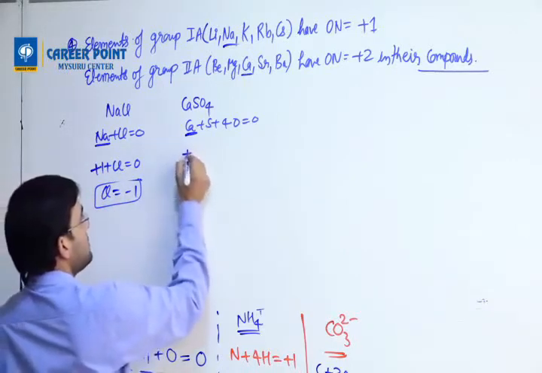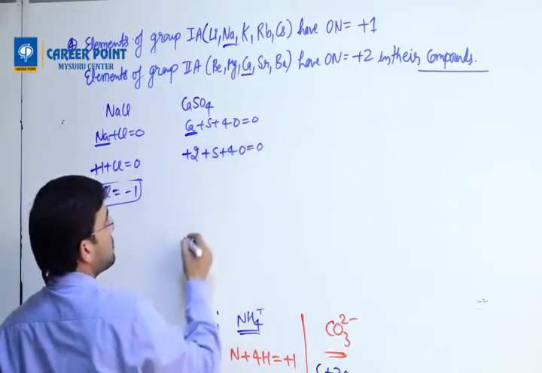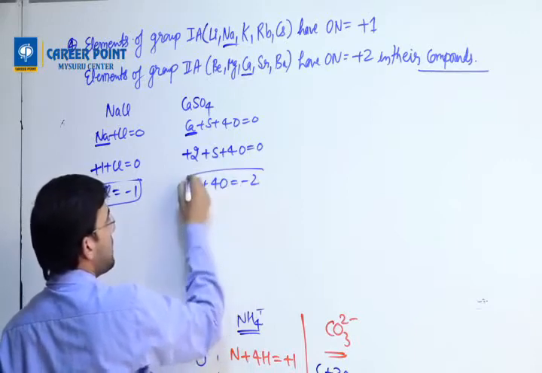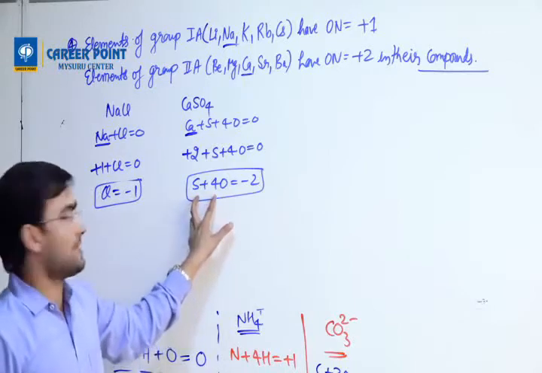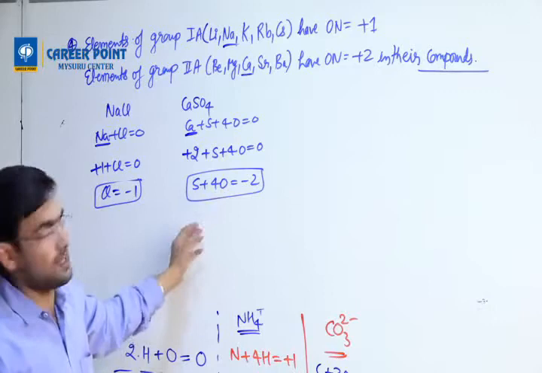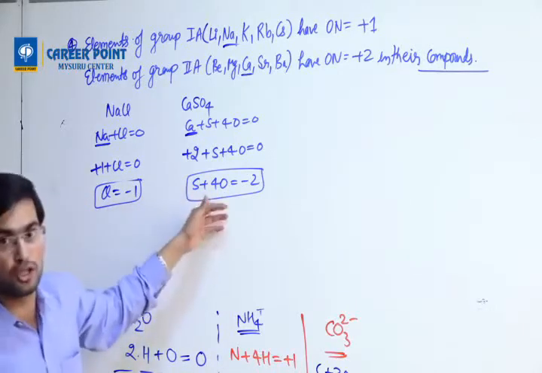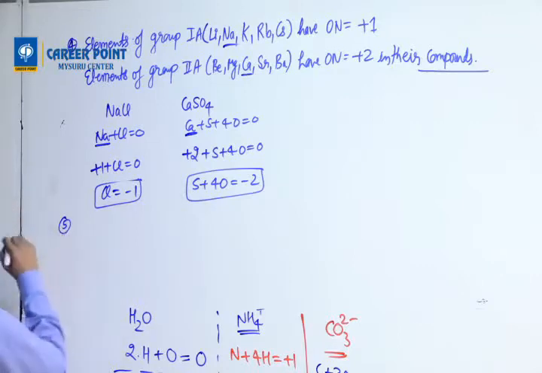Here Ca is +2 plus sulfur plus 4O equals to 0. So sulfur plus 4O equals to -2. Here I cannot find out yet because there are two unknowns. Sulfur I also don't know yet, oxygen also I don't know yet. So you need some more rules, right? Yes. After the fourth rule, we have the fifth rule. That fifth rule talks about this.